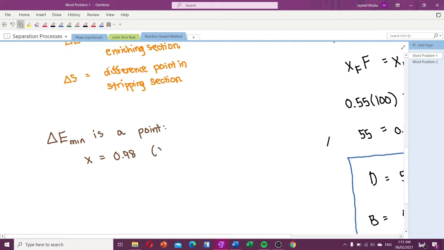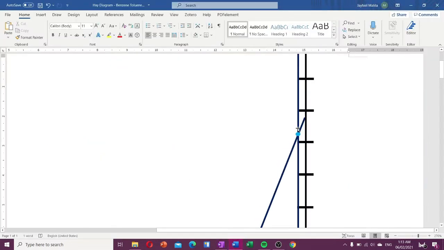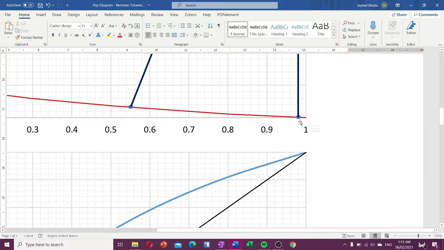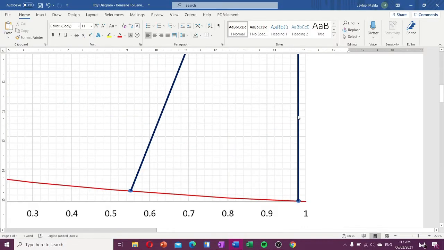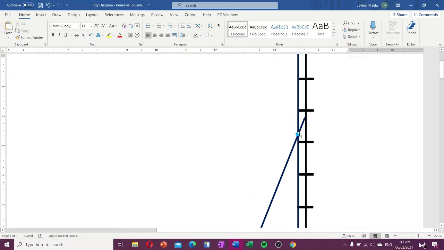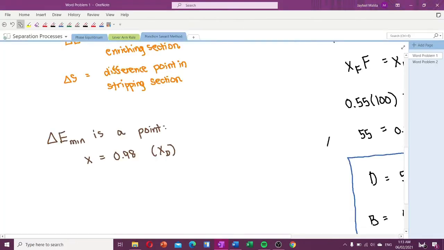That's the distillate composition. So let's go back to the drawing. It's XD, right? This one, and then extend. That's the X value. But the Y value is the value of the enthalpy. So the Y value, or the corresponding value of the delta E min here, this is from my reading. Your reading might be different from mine.